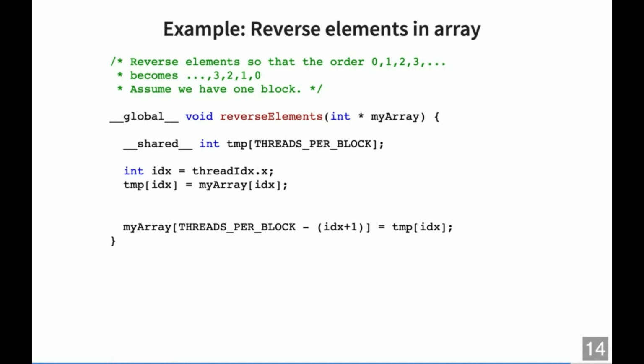However, in the meantime, another thread, the last thread, may also have copied its value into my array. So I have a potential race here, and what do I need?